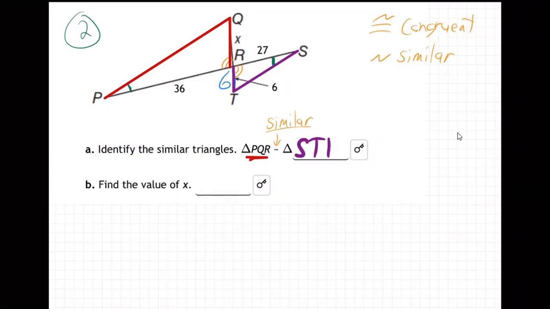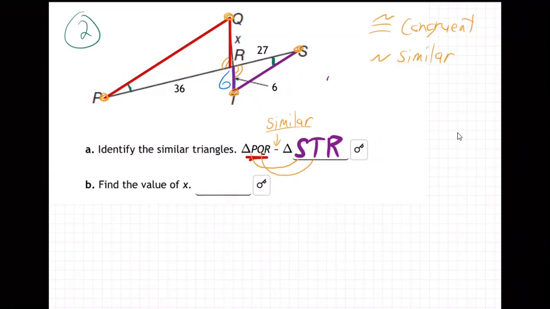S, T, R. How did I come up with that? Well, the order matters, and it tells me that P has to go with S. P plays the same role as S. I think that was pretty clear. Q is T. Q has to match with T.